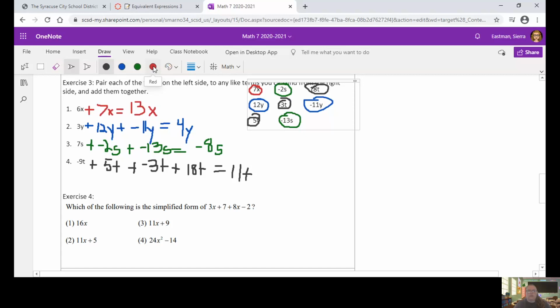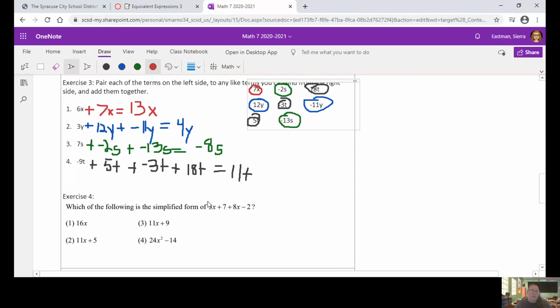Okay, let's go through this one together. I'm actually going to do a quick trick here that I like to use. Anytime you have an expression that has some variables, some constants without variables, or maybe there's mixed variables, like I could have an x and a y, I like to use my different colors or maybe a highlighter or a marker, or even just a pencil.